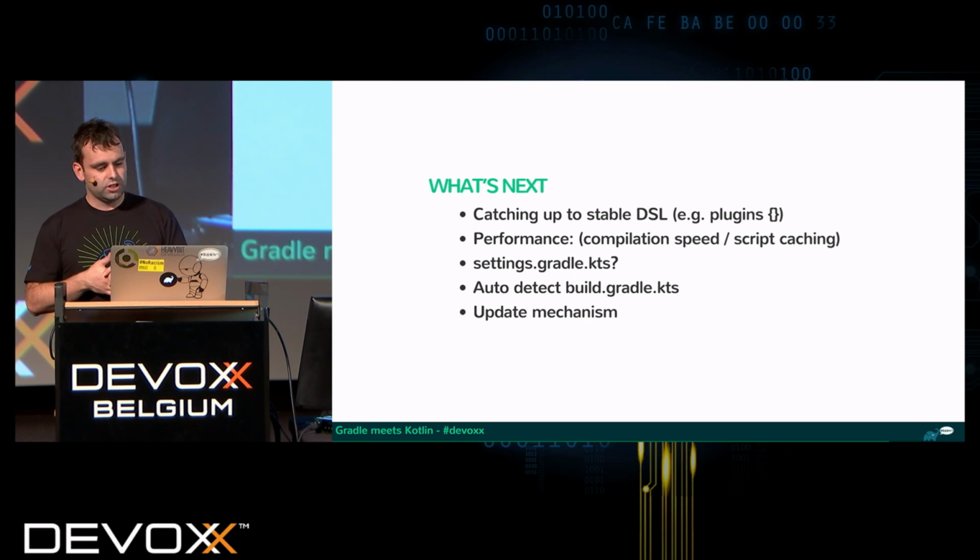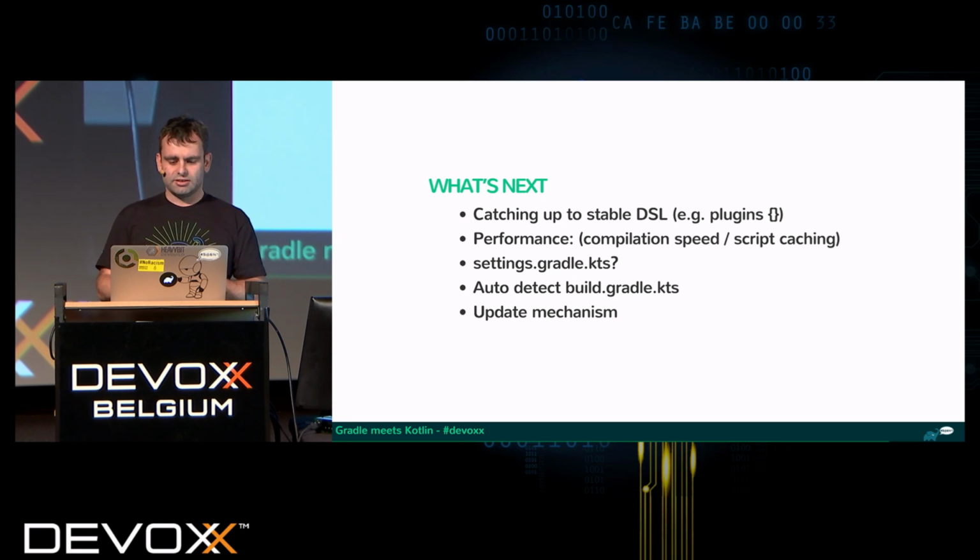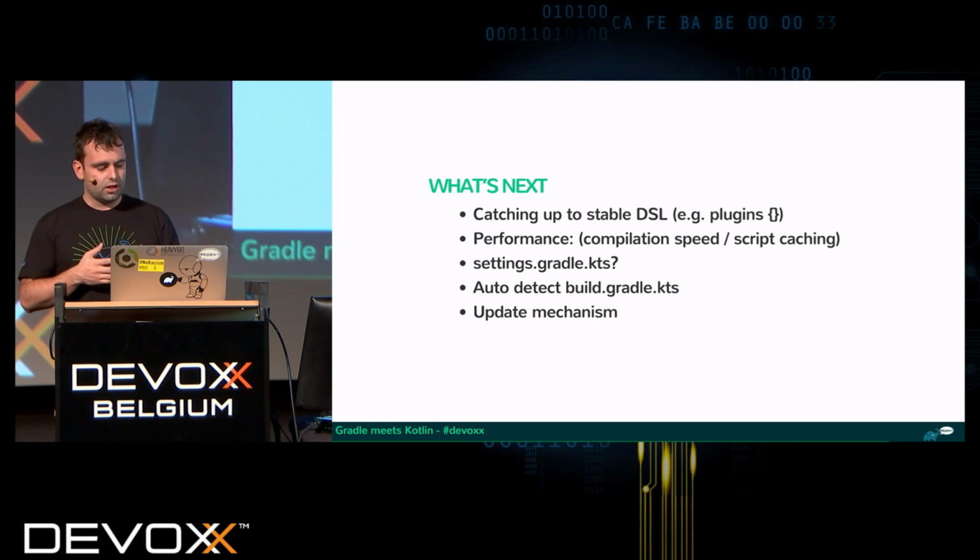Till then, we need to stabilize the DSL and catch up with features available in the Groovy DSL, like, for example, the custom plugins block. I'm not sure if that's already shipped with Gradle 3.2.